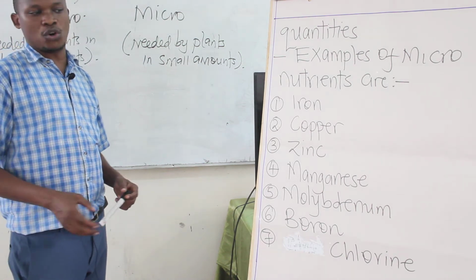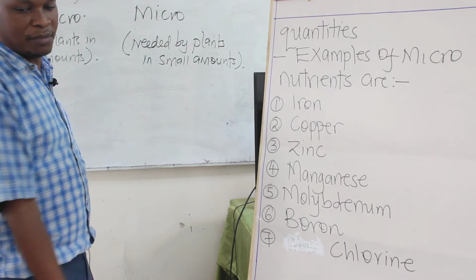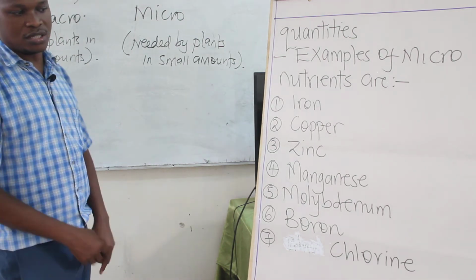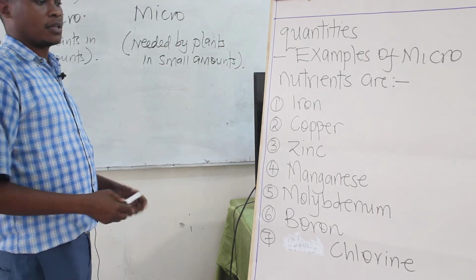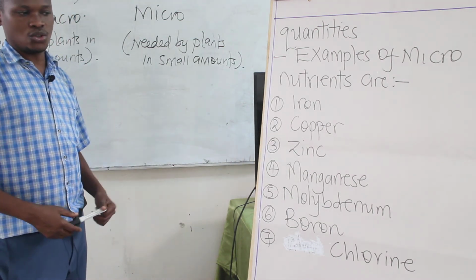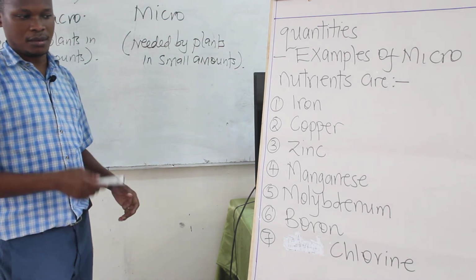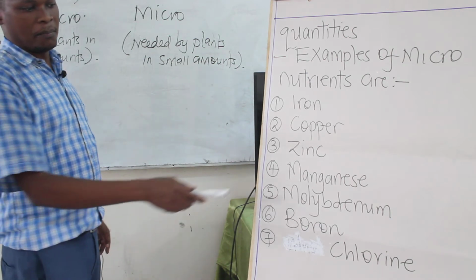Don't think of copper, the metal. Plants don't absorb metals from the soil as plant nutrients. So this one is copper, a plant nutrient. Zinc, again, a plant nutrient. Don't think of zinc, the metal, but zinc, the micro plant nutrient.